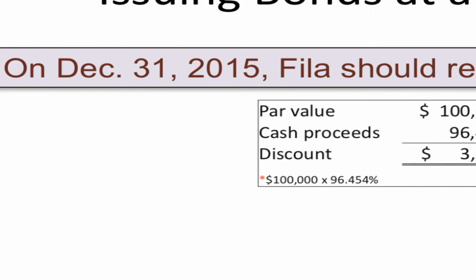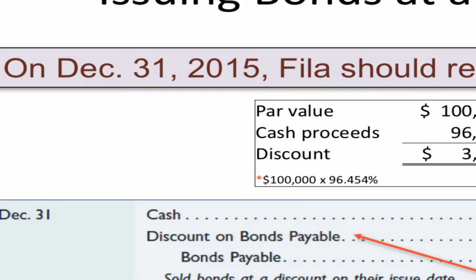Once we've figured out the numbers, how much we needed to discount to make it an equal investment, we need to record it in our books. We want to show how much money they gave us, so anytime we're getting money, debit cash for that amount.